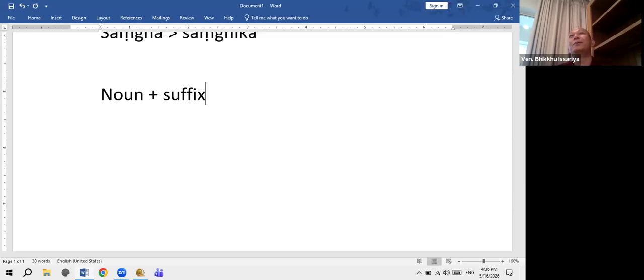But when we say Paccaya, you may confuse it with the conditions in the Patthana. No, not about that. This one is a grammatical term, not a philosophical term.